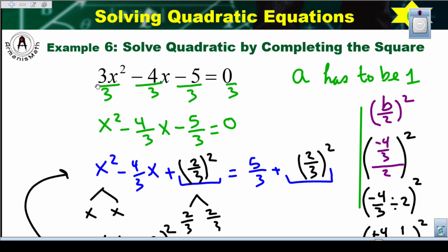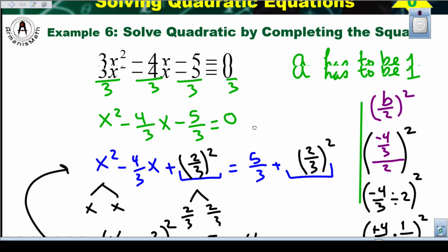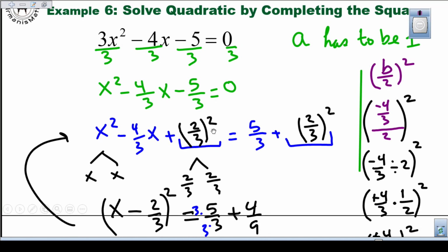So it's a little bit laborious because you have to divide by the a term to complete the square. The a coefficient, the number next to the x squared, has to be 1. So in this case, you divide by that a. Everybody gets divided by that a. And you're probably going to end up with a fraction. And make sure that you have buckets on both sides.